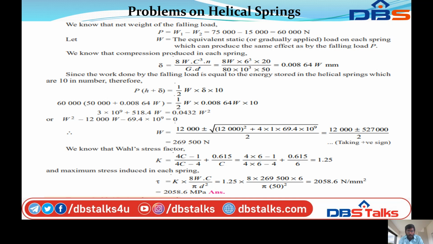That is equal to 1.25 into 8 into 269,500 into 6 by pi into 50 whole square. Finally we calculate 2058.6 Newton per mm square. This is converted to megapascals, 2058.6 MPa. Next and last problem.